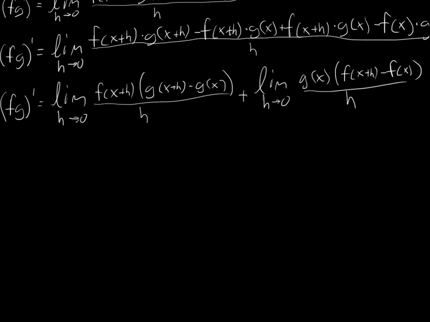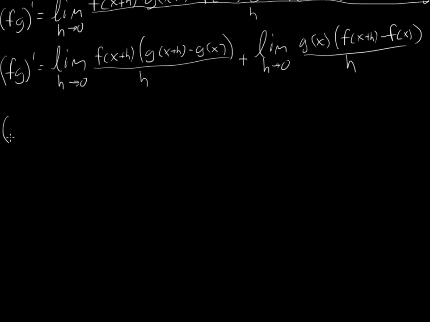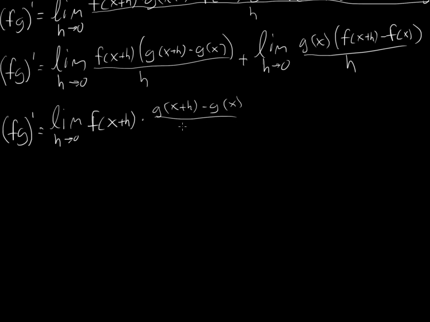So continuing on, (fg)'. What I'm going to do now is put f of x plus h in front of this expression. I'm going to put g of x in front of this expression, and that is also perfectly fine if you know your algebra, and I hope you can see this. See that? F of x plus h times g of x plus h minus g of x over h.